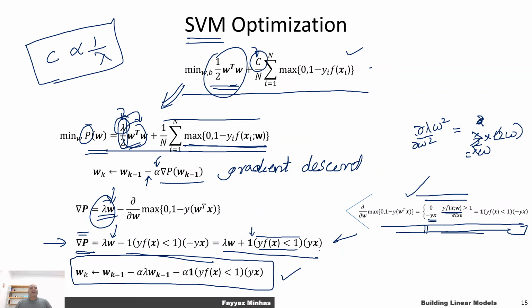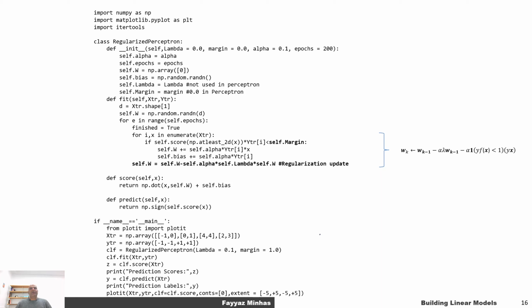What this allows us to do is go ahead and write this algorithm as part of a code. The only thing that we need to change in converting the perceptron code that we had written into the support vector machine code is to introduce this one line. That's it. That line is coming because of the additional W transpose W term that we added to the objective function, and that's pretty much it.